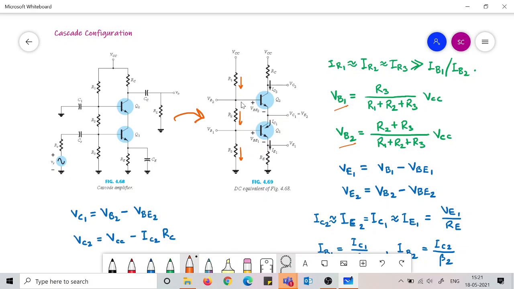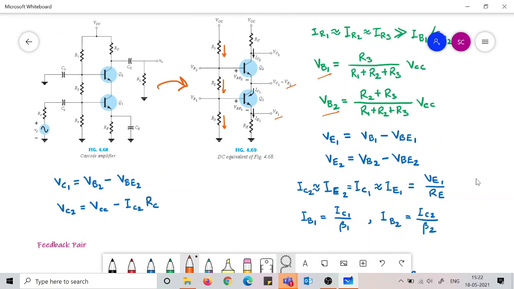Then we can find out VE1 and VE2. VE1 would be VB1 minus VBE1, VE2 will be VB2 minus VBE2. We get these two voltage levels with respect to the ground. Once we get VE1, we can get IE1.